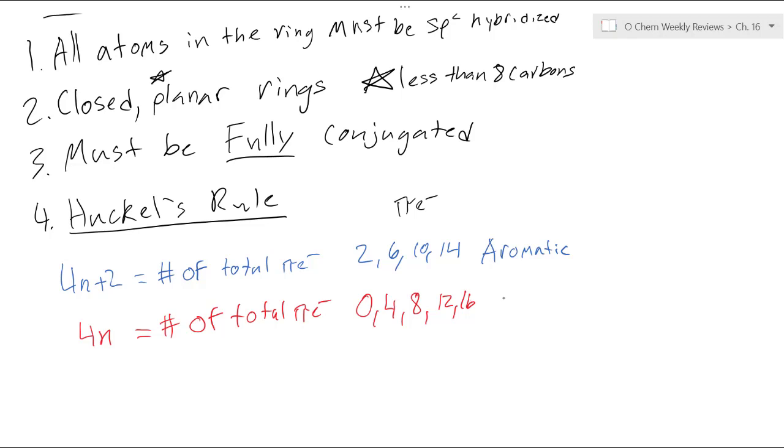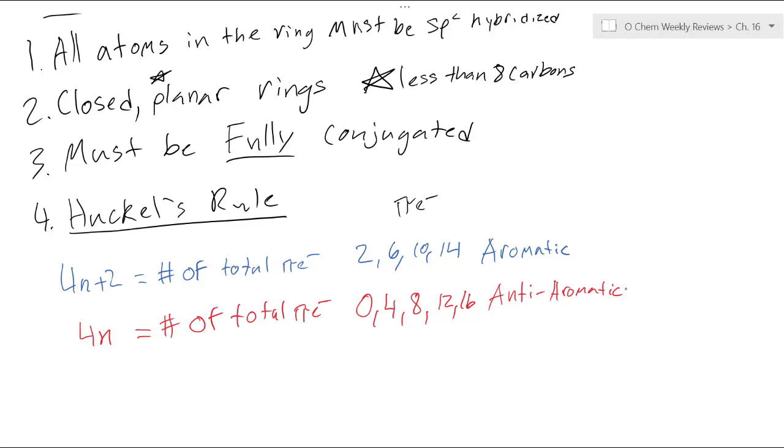If it's any of these numbers and it follows every other rule, it's going to be anti-aromatic. So Huckel's rule and all of the rest of the rules apply to both aromatic and anti-aromatic. The only difference between them is Huckel's rule, which aromatic has the equation of 4n plus 2, and anti-aromatic has the equation of 4n.